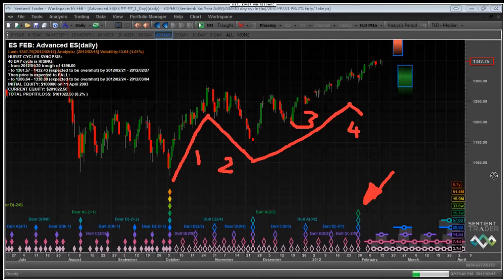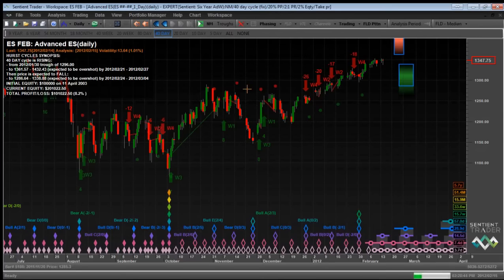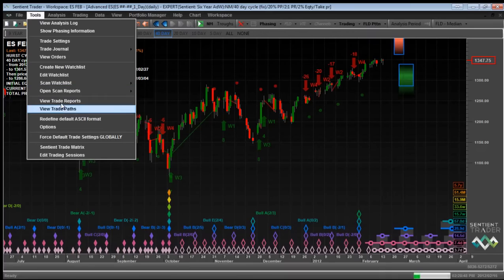But there has been a really big improvement. So that's a feature improvement that we're really pleased about. It's something you can't see, but I know that as you start working with it, you're going to find that those trading decisions that you're getting from Sentient Trader are going to be significantly better and improved.